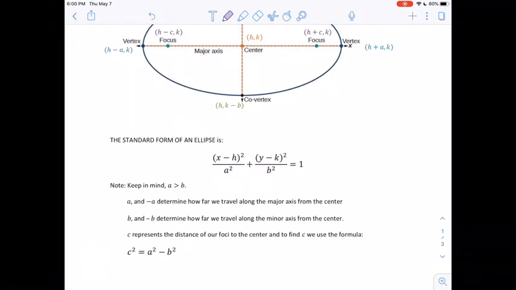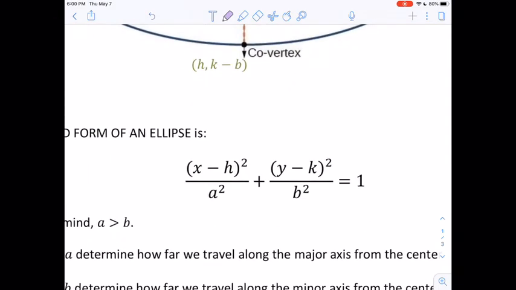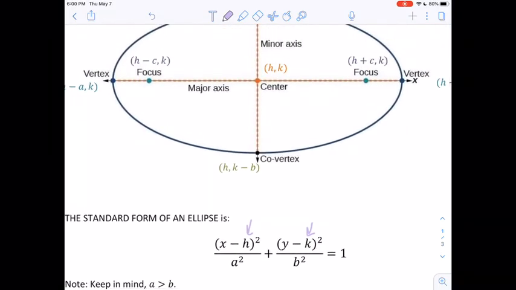Keep in mind, when we have an ellipse, a will always be bigger than b. So when you are given numbers in your denominators, the bigger number is always going to represent our a, and we still have our h and k representing our center, which I have labeled for you right here.